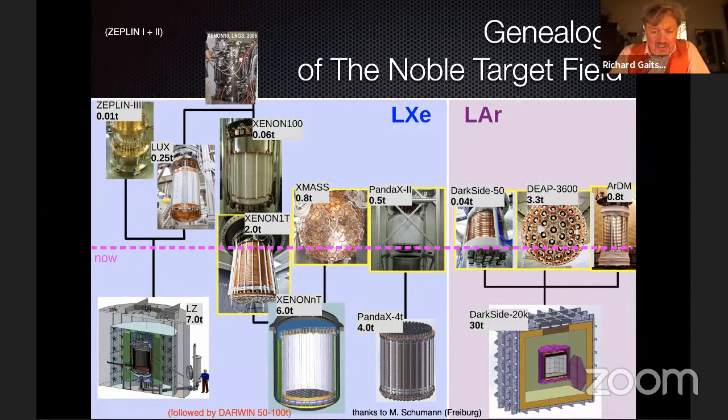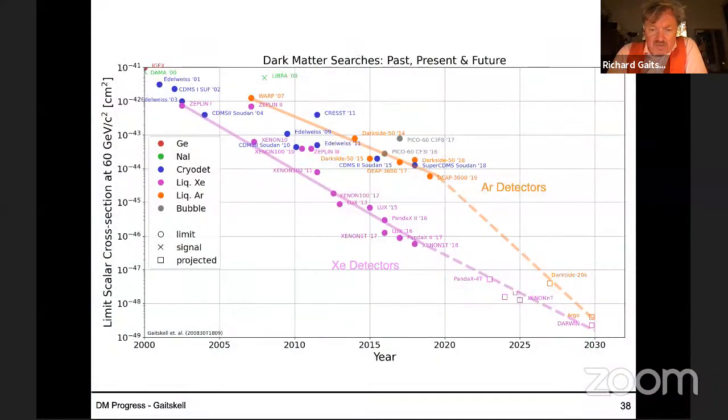I already mentioned the XENONnT experiment at Gran Sasso, and the PandaX experiment at Jinping. And then, of course, we also have the argon experiments, which have gone from the 50-kilo DarkSide experiment. They now plan to implement a multi-ton, probably tens of tons target in the form of this new DarkSide-20k.